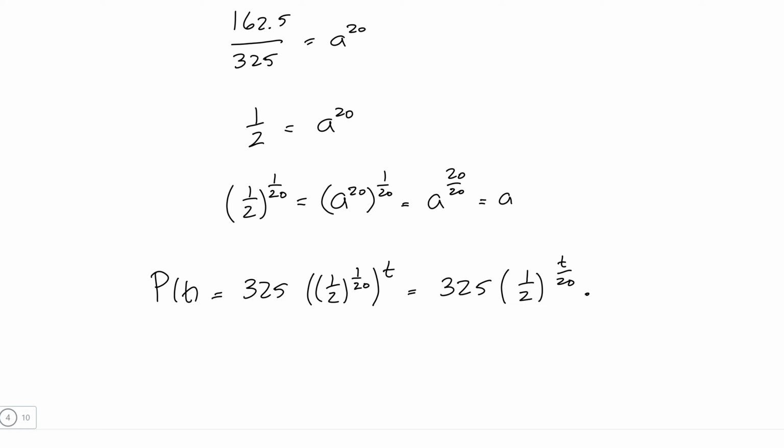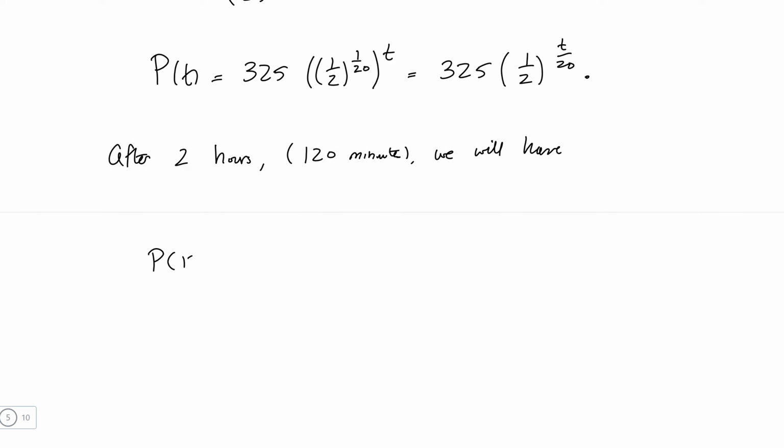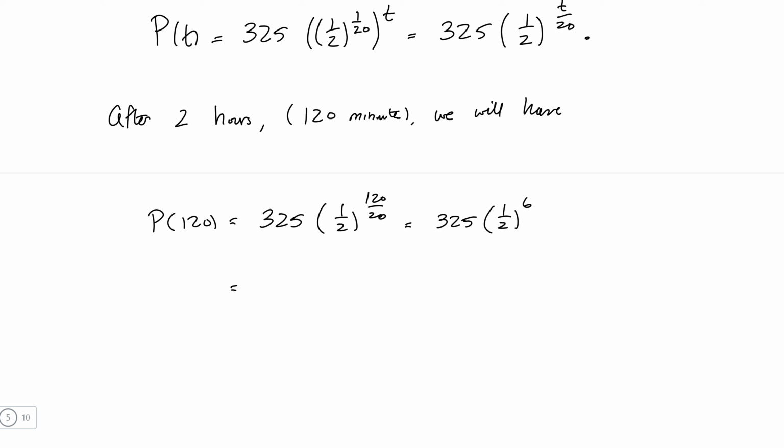And now, once we have this equation, we can evaluate at any particular time. So after 2 hours, say, which is 120 minutes, we plug in that 120: p of 120 is 325 times 1/2 to the 120/20, which is 325 times 1/2 to the 6, which is 325/64, which is about 5.08 milligrams.